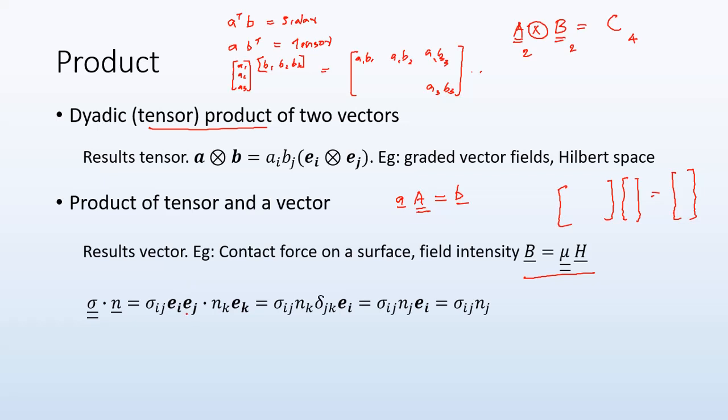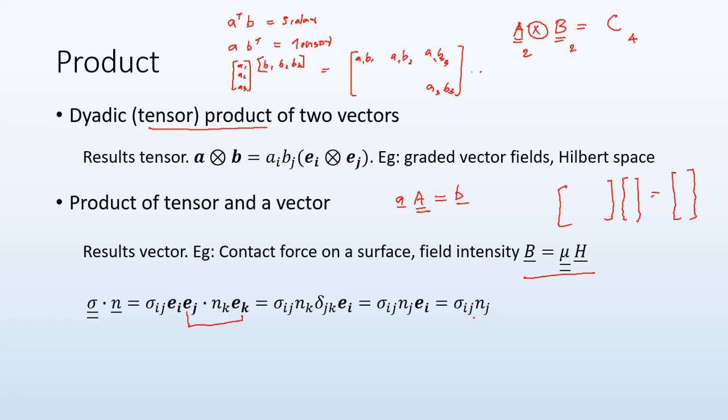When we are taking the single dot product, we will dot ej and ek, and what will result is delta jk. If we have delta jk, we can replace all k with j, and the result can be written as sigma ij nj ei. Using summation convention, we can get rid of this and write sigma ij nj.